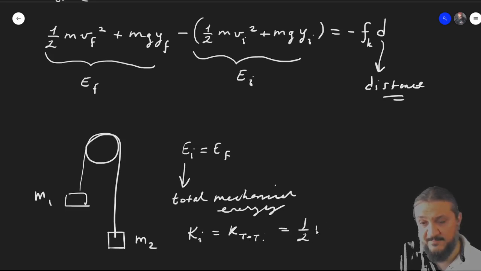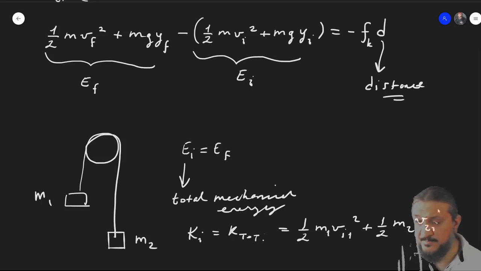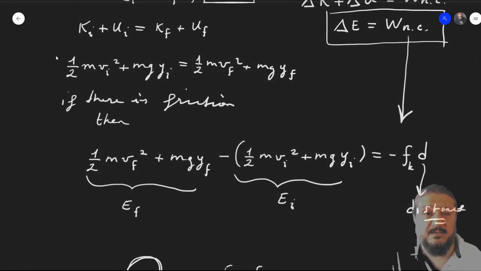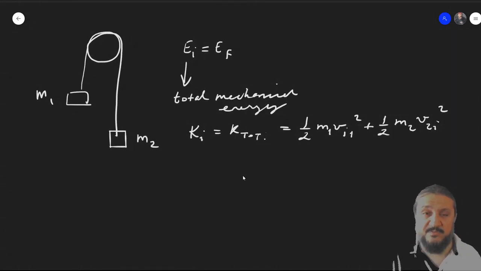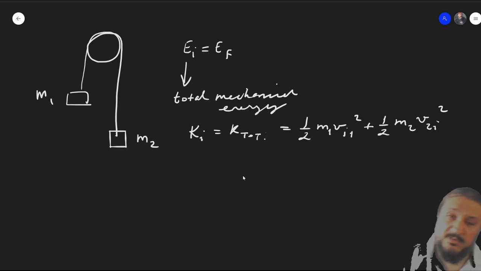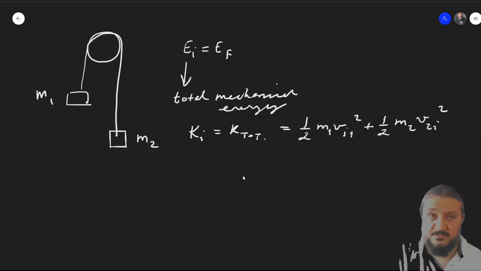So we have 1/2 m1 v1i squared plus 1/2 m2 v2i squared, doesn't matter how you label it. Okay, so each term in this equation up here is actually the sum of two terms in that aspect. So keep that in mind when you solve problems with systems of multiple masses. We're talking about the total mechanical energy. You never apply that equation to one mass only. That would be wrong.